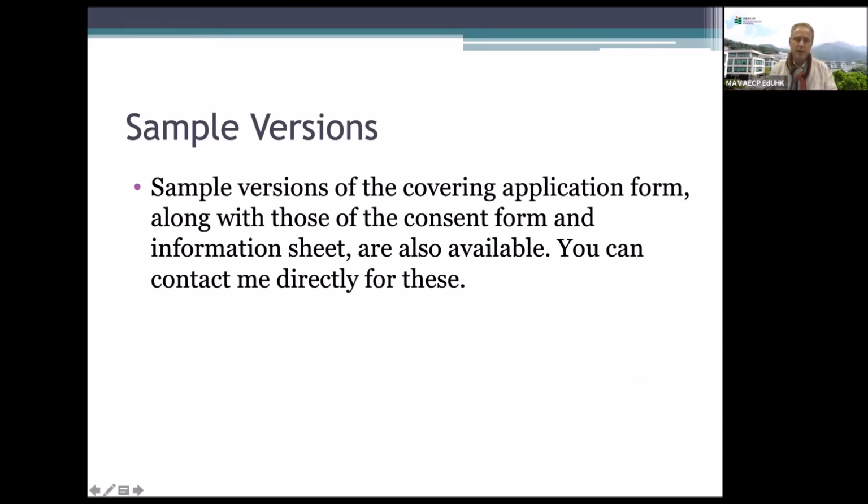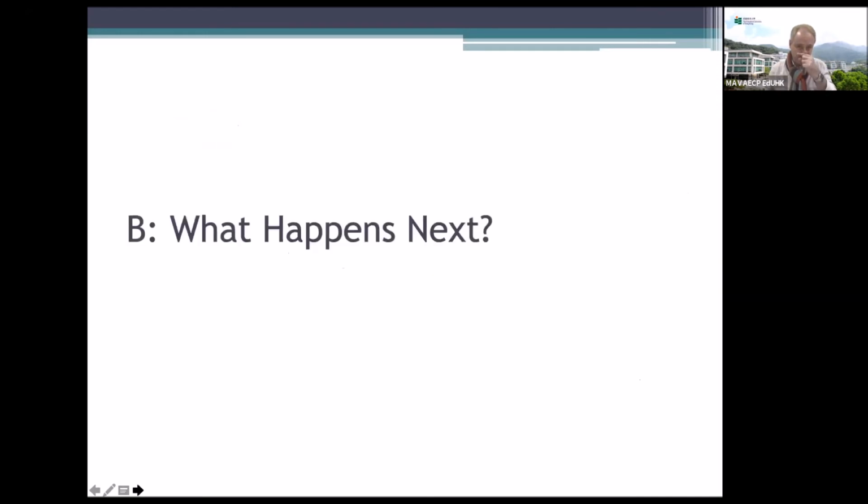Okay, let's go on. So you've now done, I hope, the whole application. You've completed the application form, you've signed and dated it with your supervisor, you're both happy, and you've got your supporting documents in the form of the proposal, the consent forms and information sheets, and the sample questions.